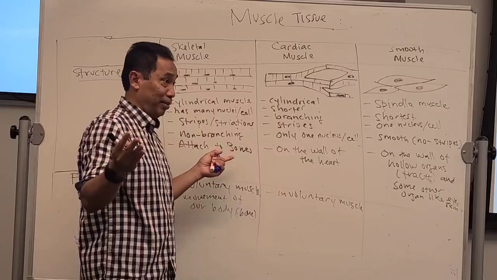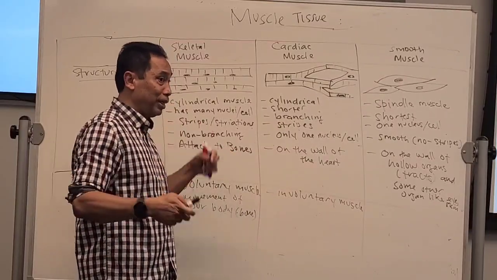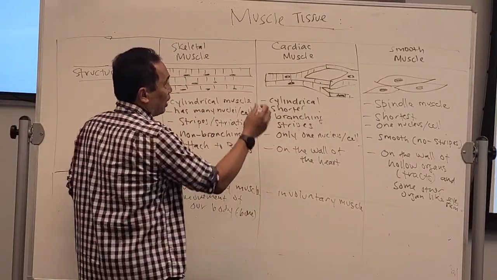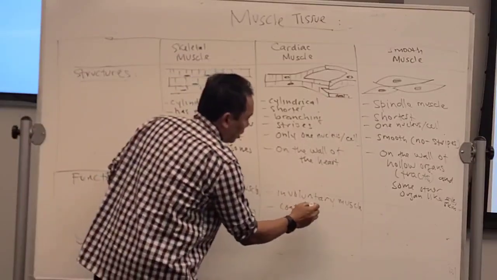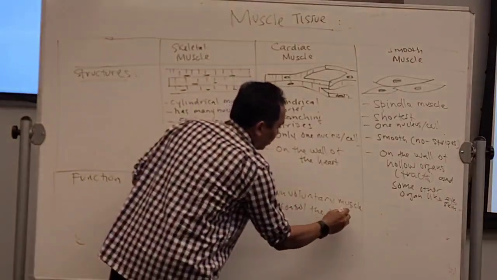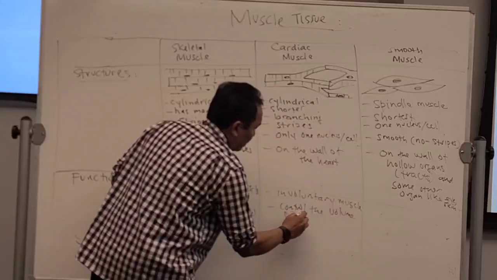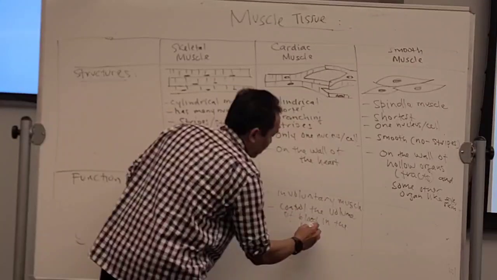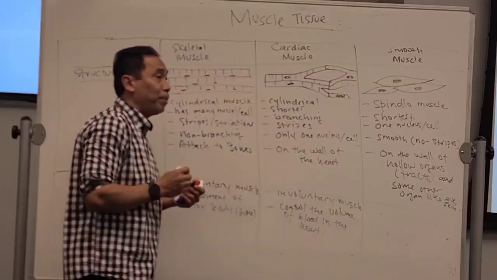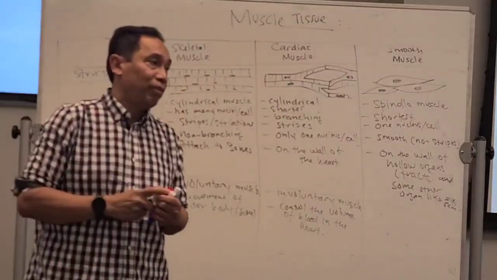It will beat by itself. It's continuously beating. Okay? This cardiac muscle controls the volume of blood in the heart. Another way to say it is that it is pumping the blood from the heart chamber.